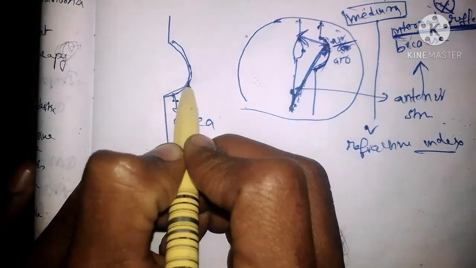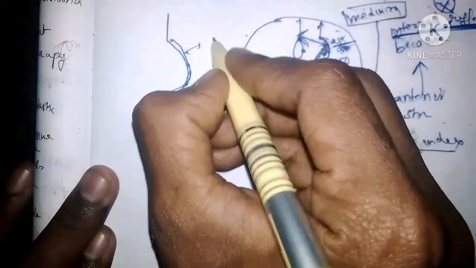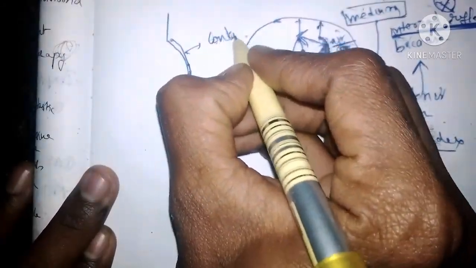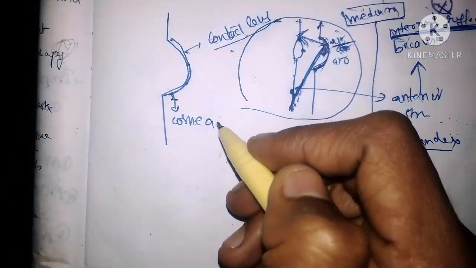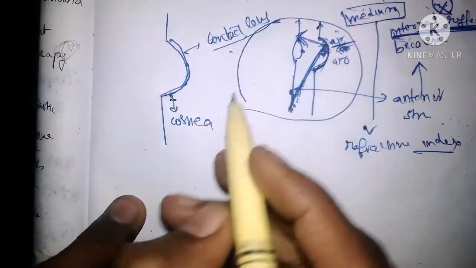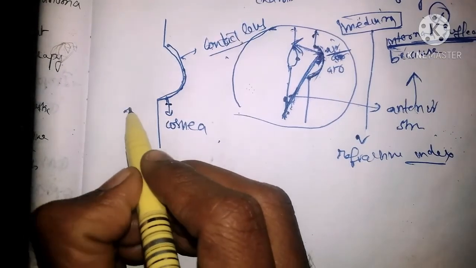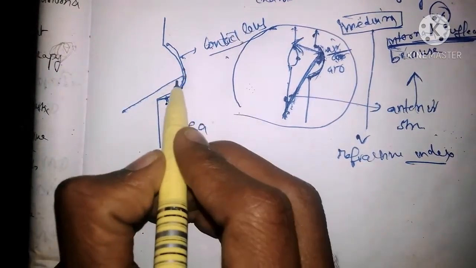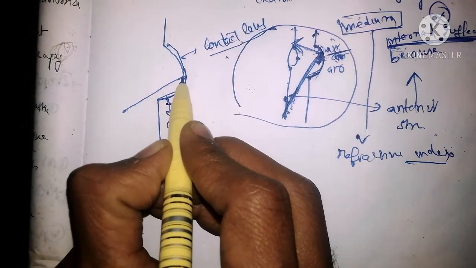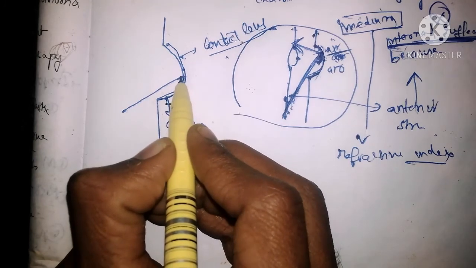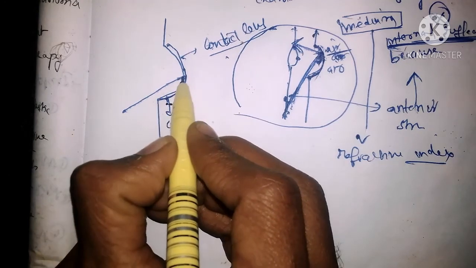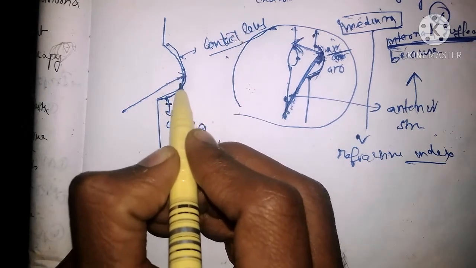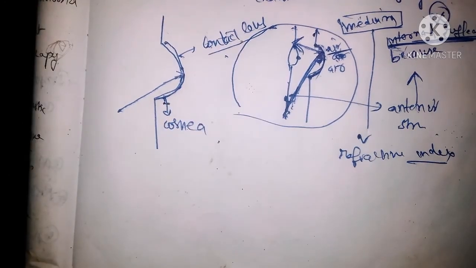What is this? This is a contact lens. This contact lens has the same refractive index as that of cornea. So when light falls here at the cornea, it goes through the contact lens also, because both contact lens and cornea have the same refractive index.